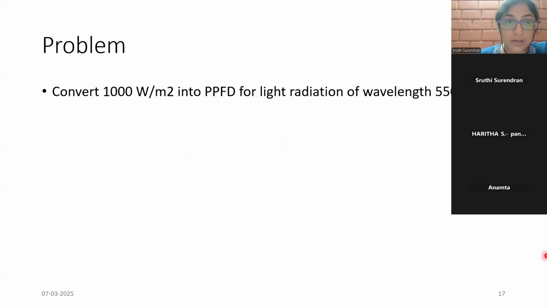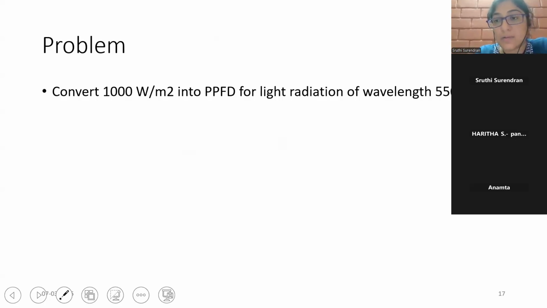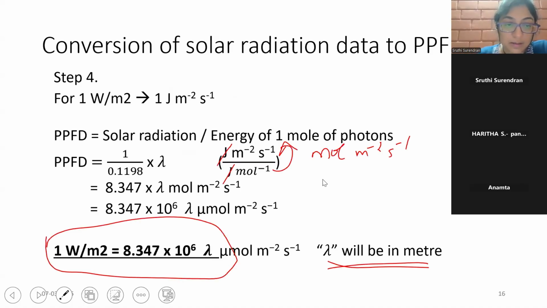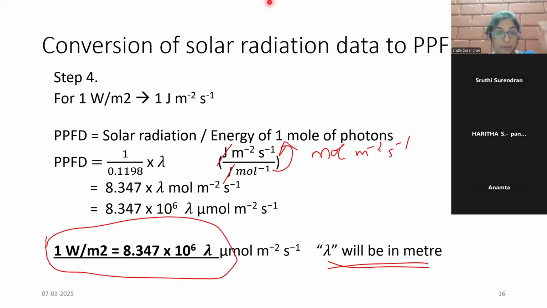So 1000 watt per meter square is the solar radiation, and the wavelength is 550 nanometer. Using this last equation over here, this one circled in red, please find out what is the energy in micromoles of photons per meter square per second. I'll be just moving ahead once I get one or two answers, so please try to do it.